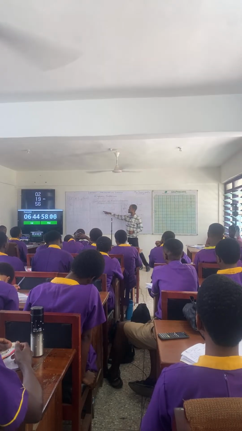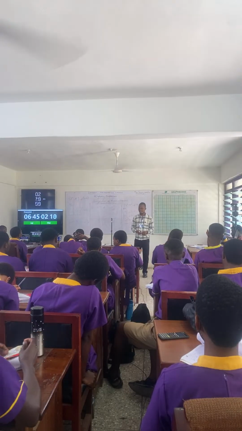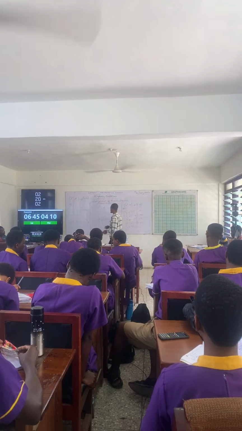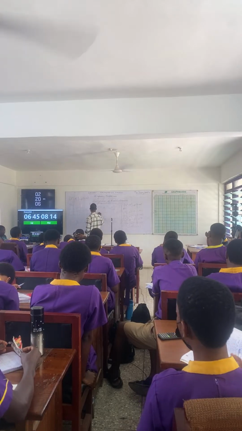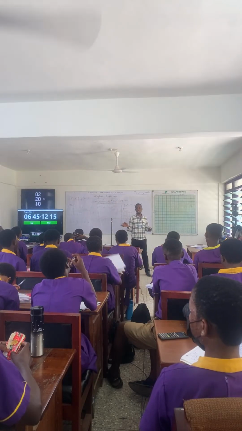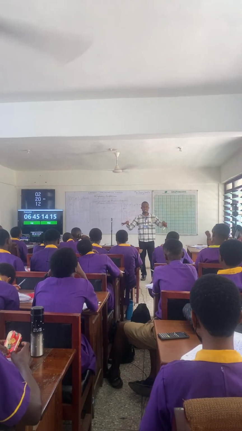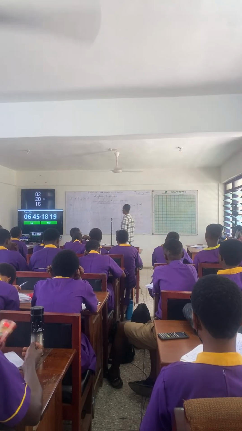For this expansion, it is described as what? Difference of two squares, which the expansion says h plus a, h minus a. You find the product of the sum and difference of the same bases, right? Good. Now let's come to this one.